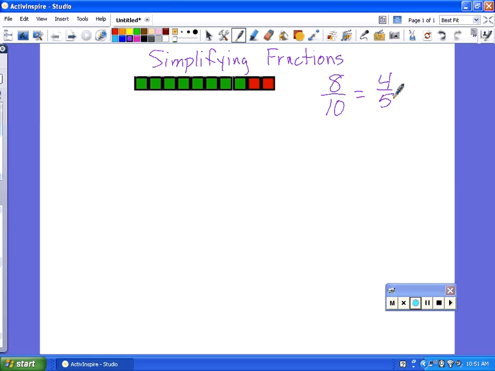meaning how many squares could we fit together with this to make it bigger pieces, but the same amount? Brandis? Now, if we did 5, we'd put 5 pieces together. We can't do that with this. Haley? Yeah, if we had 2.